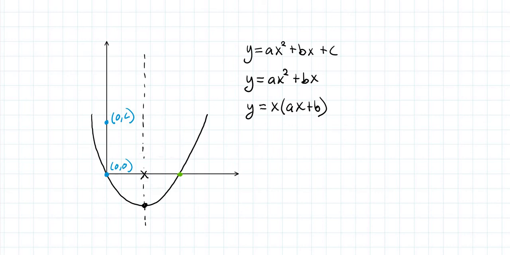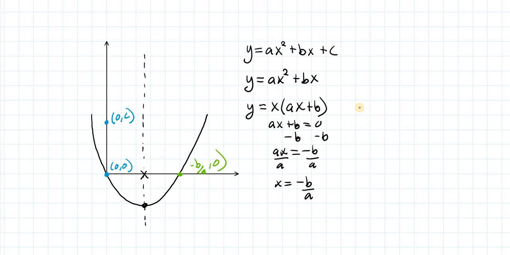One is where x equals 0, and for the other one I have to solve this equation, ax plus b equals 0. So I'm going to subtract b from both sides. I have ax equals negative b, and I'm going to divide both sides by a, so that I have x equals negative b over a. So now we have the point here, negative b over a, and y equaling 0.